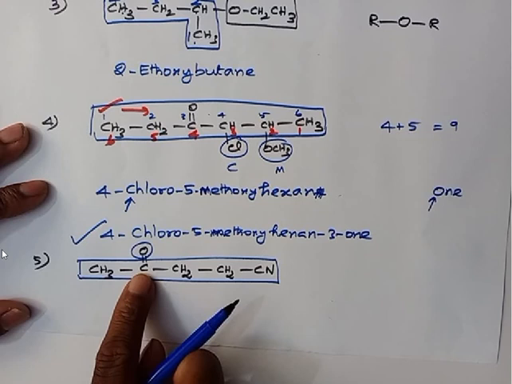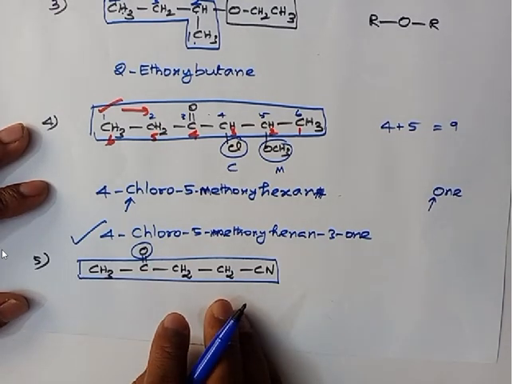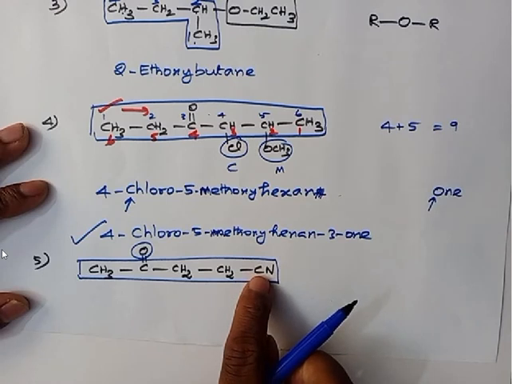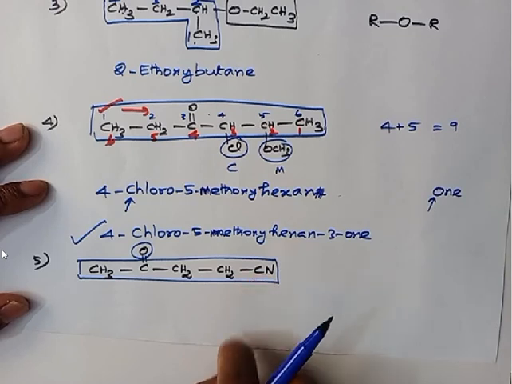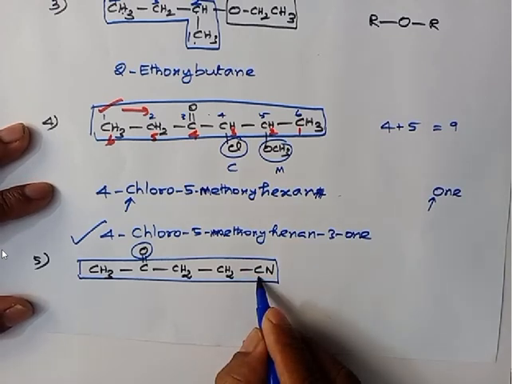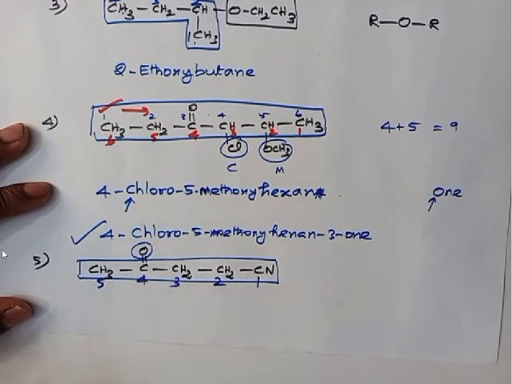You should not call it keto anymore. It is just an oxygen atom. And we should start the numbering from the cyano carbon, because the cyano group is the functional group. Whenever a functional group contains carbon, that carbon should get the least possible number. So let me start the numbering from here: 1, 2, 3, 4, 5.